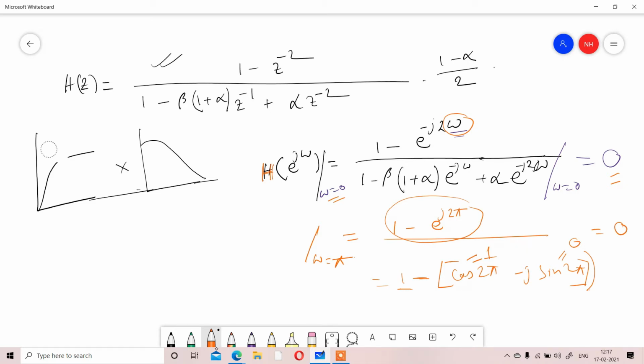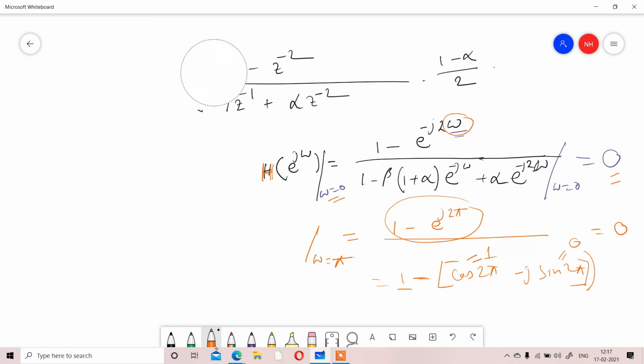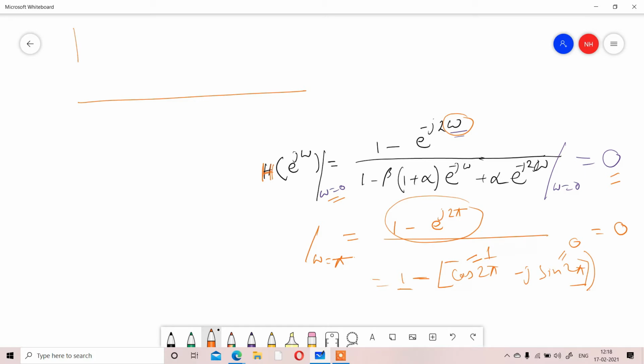Means for that response, the filter characteristics you are getting are like that. At 0 you are getting 0, at pi you are getting 0. So the filter response will be somewhat like that. So at a specific value within 0 to pi, you will get your maximum range.